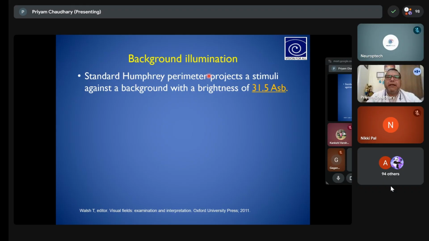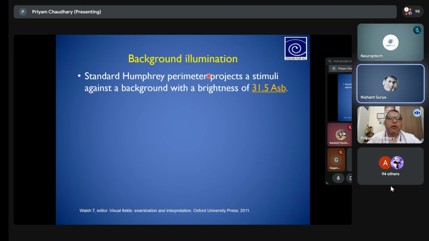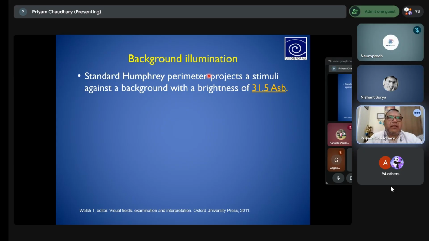Standard Humphrey perimeter projects a stimulus against a background with a brightness of 31.5 ASB. If you are doing HVF, there is a light inside the machine, that is the background of the machine. So the background of the machine is 31.5 ASB.